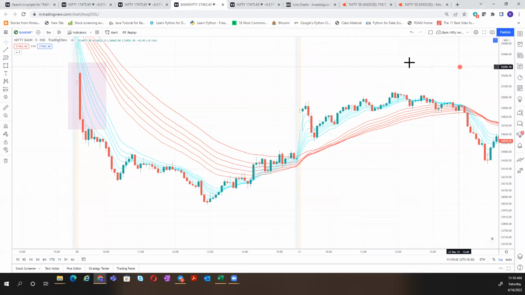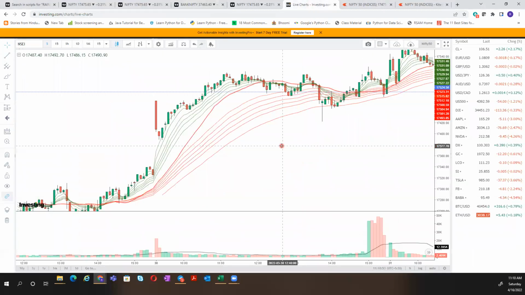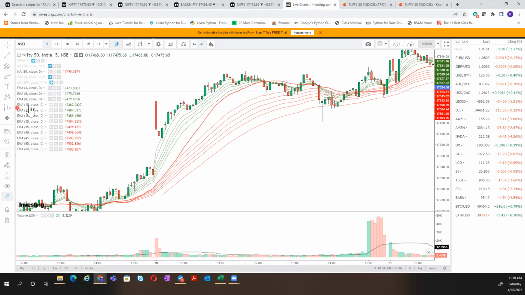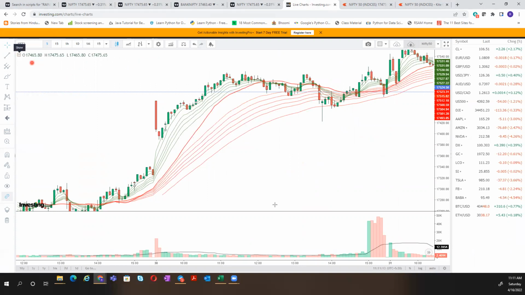You need to subscribe, but there's an alternative. You can go to Zerodha or investing.com, and all you need to do is add 12 exponential moving averages and change the settings. If you go to settings, you can change whatever EMAs you want in the inputs, and you can change the color settings. Here I have made them green and red. You can keep it that way.